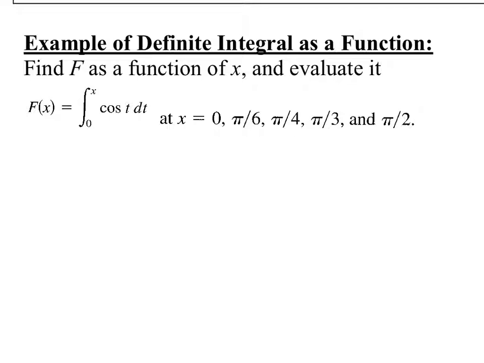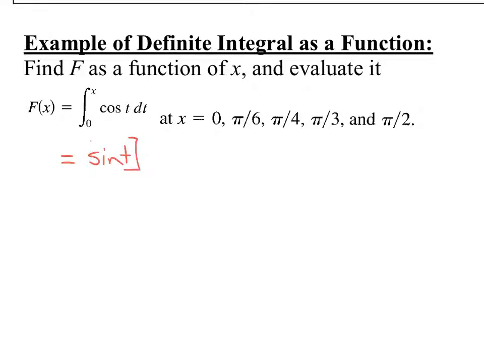So here we have the integral from 0 to x of cosine of t dt. Let's just take this in a very straightforward way. What's the integral of cosine of t dt? Sine of t.